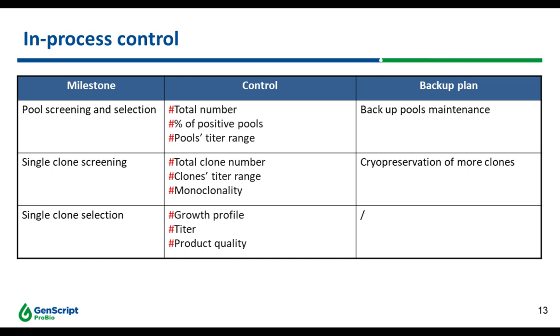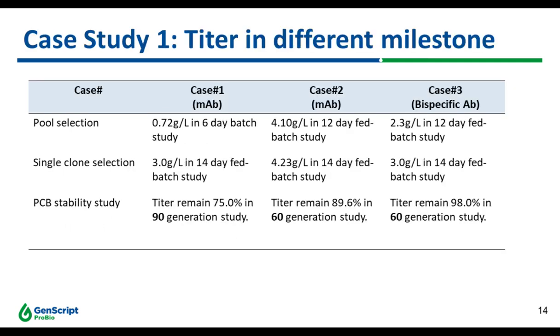You do this using Ambr bioreactors and get product to analyze these 3 criteria. So in the first case study, you can see the different titers at different milestones.